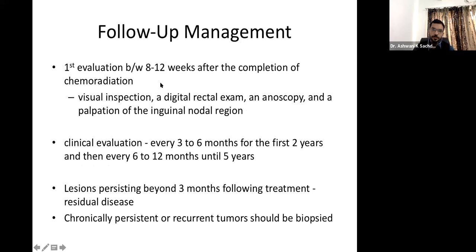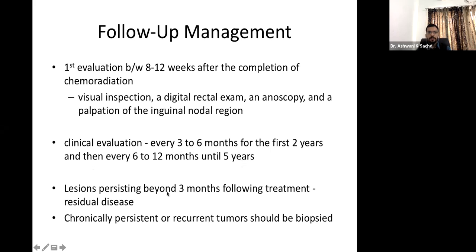For follow-up, the first follow-up is usually done at 8 to 12 weeks, 3 months after the completion of chemoradiation. We do a visual inspection, digital rectal examination, anoscopy, and palpation of inguinal lymph nodes. The next evaluation is at 3 months, and after that every 3 to 6 months for the first 2 years, and then every 6 to 12 months until 5 years.